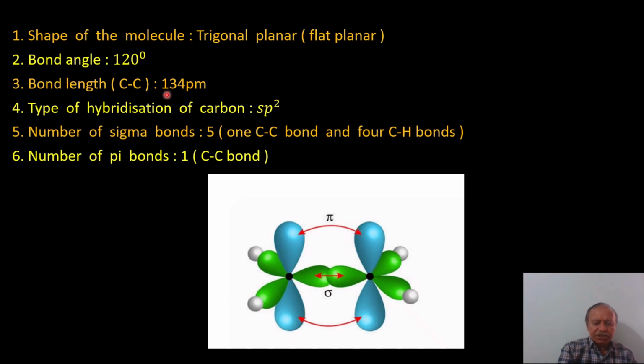Please watch the video till the end so that you can observe the questions, both the MCQ and the short and long answer type of questions. I hope you understood how the ethene molecule is formed, explained on the basis of valence bond theory. This is very important even in the NEET examination, the annual examination or a CET examination.